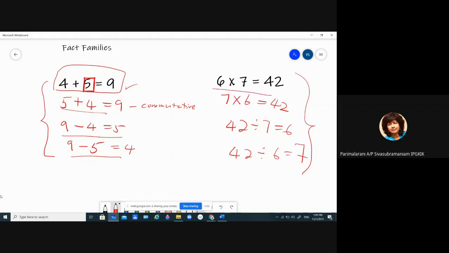Similarly, if they know 6 times 7 is 42, they don't have to memorize 7 times 6, because straight away they know it is also 42. And from here you can also see that 42 divided by 7 will give you 6, and 42 divided by 6 will be 7.